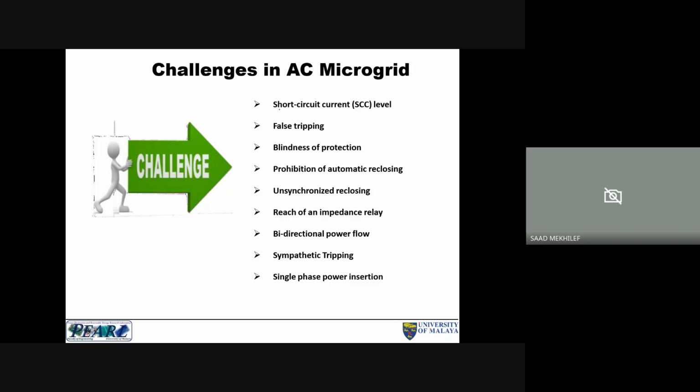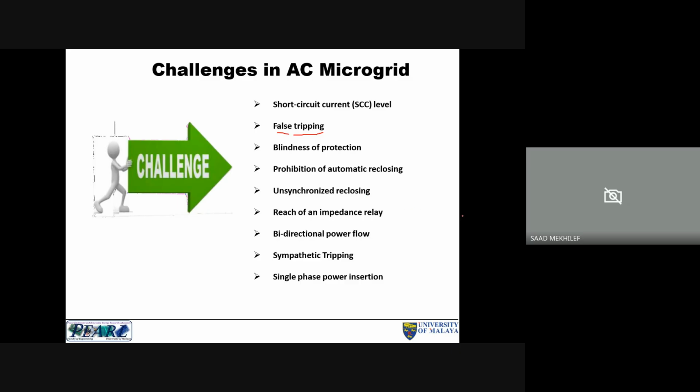First one, as I mentioned before, is the short circuit current level. It's quite significant, especially in the grid connected mode. Then false tripping, a case we sometimes face. We will discuss what each one of them means.